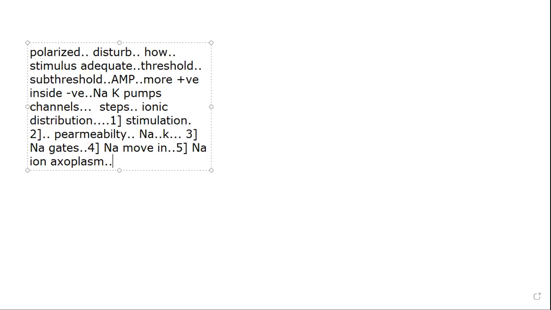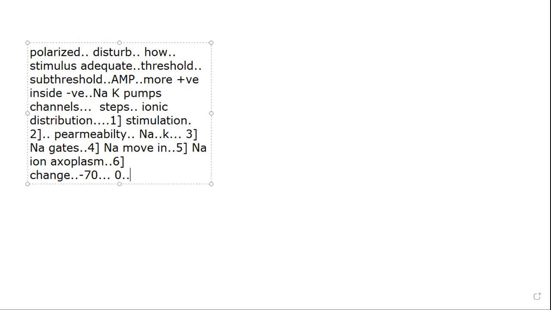Now, as the sodium has started to enter more, what is going to happen? The next point is a change in the charge, a change in the voltage, which is minus 70 millivolts. It is going to go towards 0.